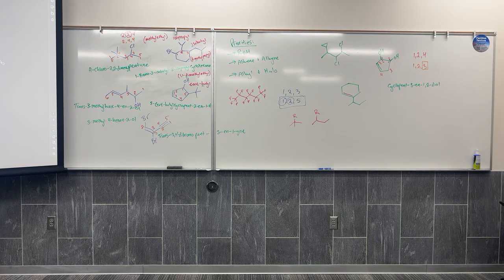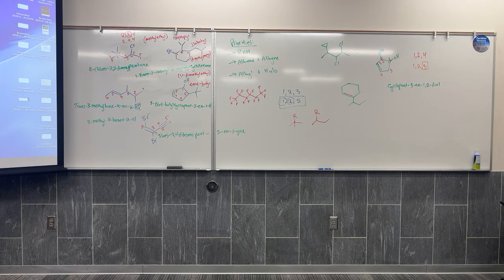Here's what I forgot to bring you. I'm upset. I forgot to bring you a correlation table. The correlation tables are, the reason I really want to bring it to you guys, the correlation tables are things that I don't know that your organic professors for OChem 1 let you have. So I want you to know them.